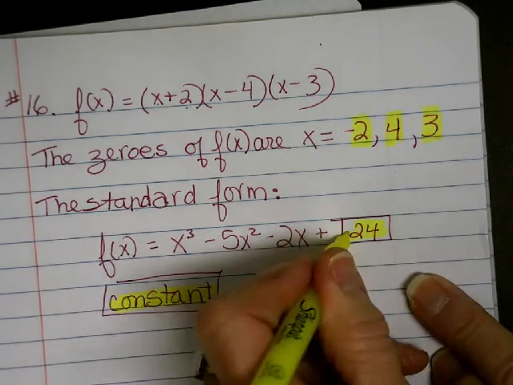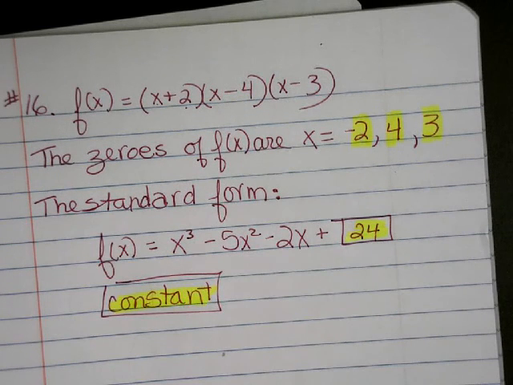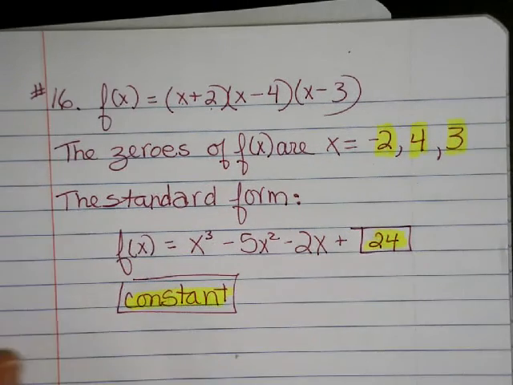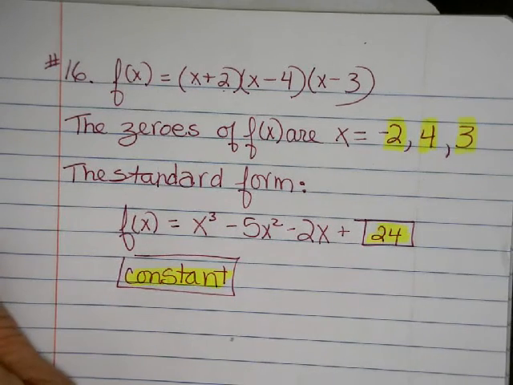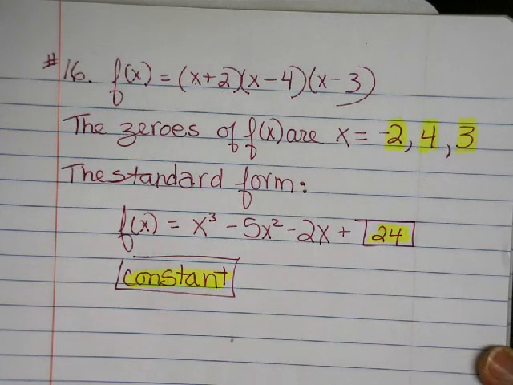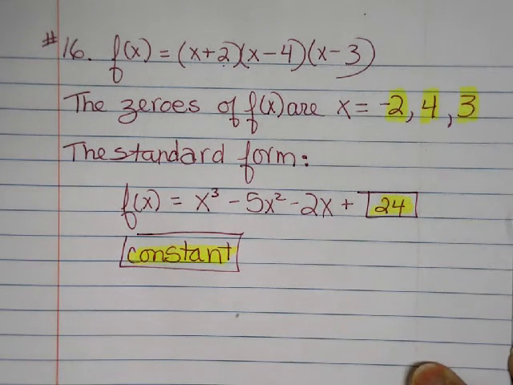So that's how I know what goes in here. And it is a positive number because these three are factors of 24. Yahoo! That is the last discovery problem.